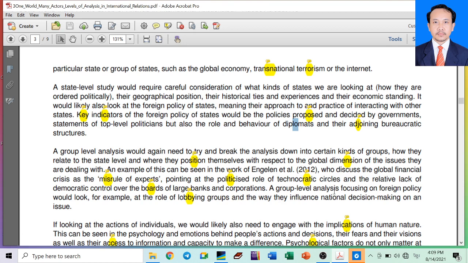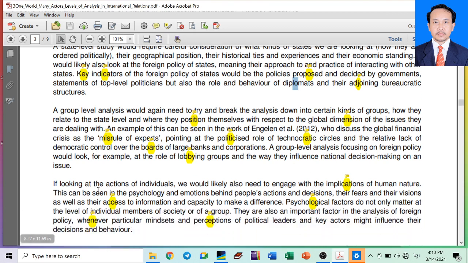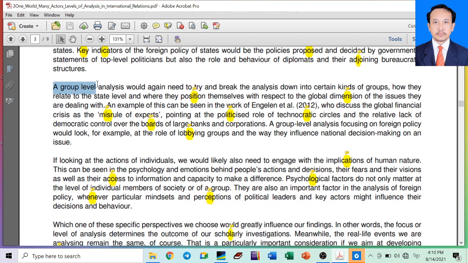A group level analysis focusing on foreign policy would look, for example, at the roles of lobbying groups and the ways they influence national decision making on an issue.